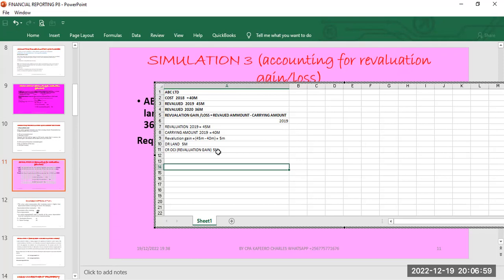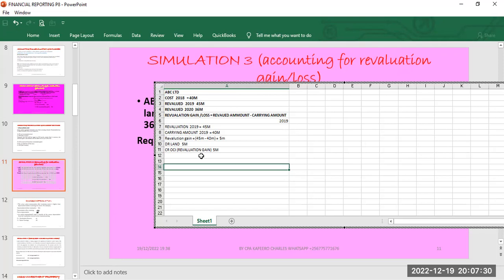Because what you do, of course, you credit. We are taking now this figure to the, we are going to be adding it to our retained earnings at the end of the day. Because putting it in the OCI, it means OCI comes after you have determined the profit for the year. That's where we have other incomes. We shall see those when we are preparing the income statements.